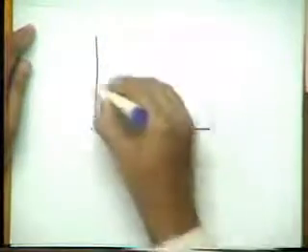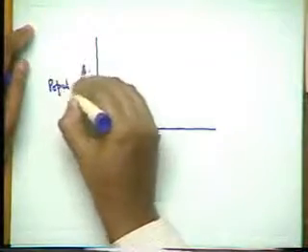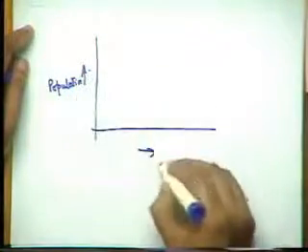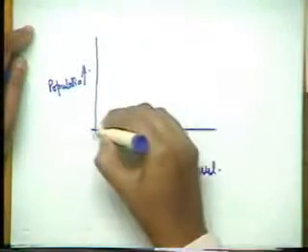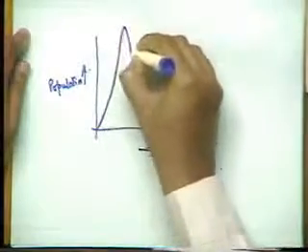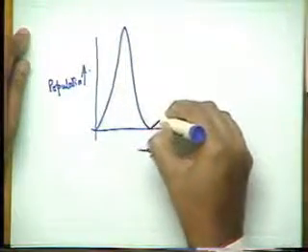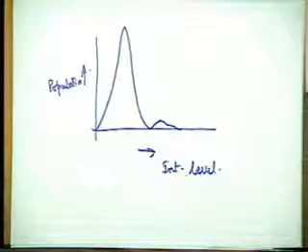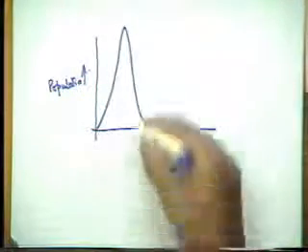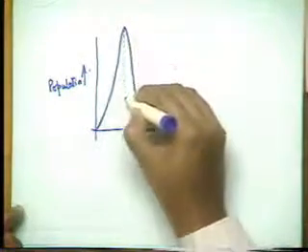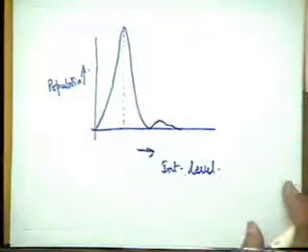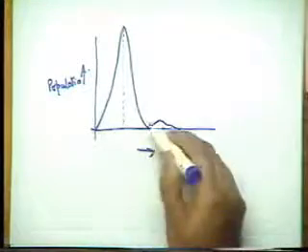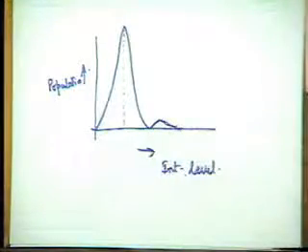This axis being the population, and this axis being the intensity level. Something like this, where you see we have too many pixels, possibly 90% of the pixels, in the dark region only, and in the bright region we have very few pixels.